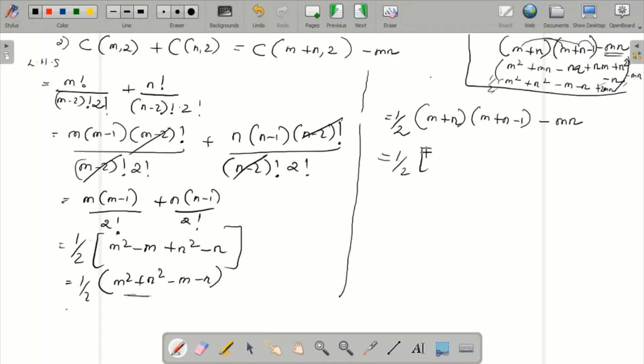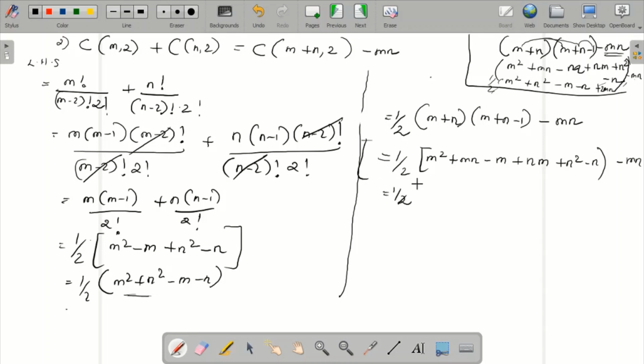Half into m square plus mn minus m plus n square nm plus n square minus n, and this minus mn. Okay, this is just for your understanding. This is not required to write, because you will get back to this itself.